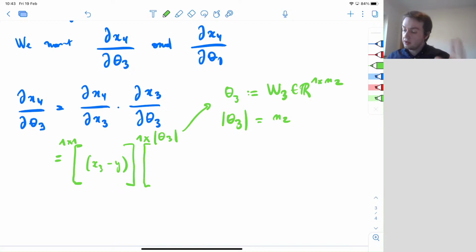You can extend all these formalisms to matrices and actually tensors of arbitrary dimensions, but this is not really needed for you to understand what's going on. So I will just assume that I can flatten my matrix as a vector. And therefore the Jacobian I would need to compute, the second term, would have a number of columns equal to the number of elements in this vector, which in this case would be N2.